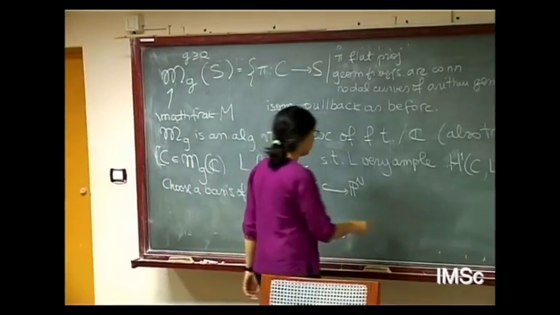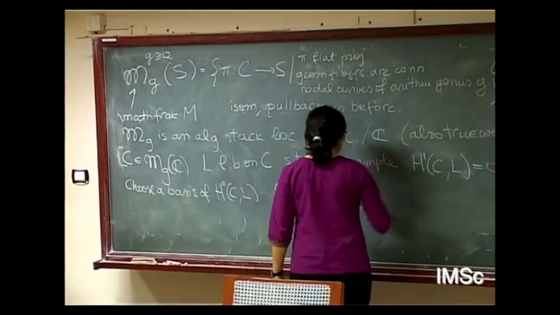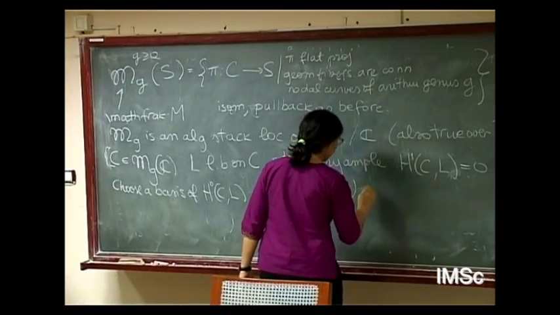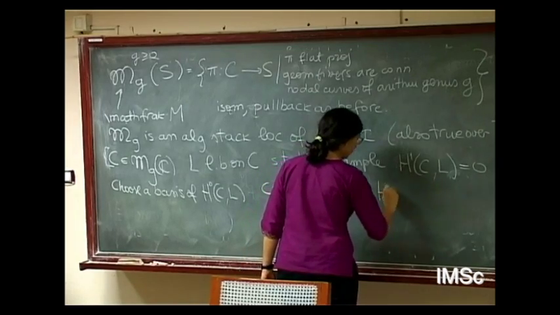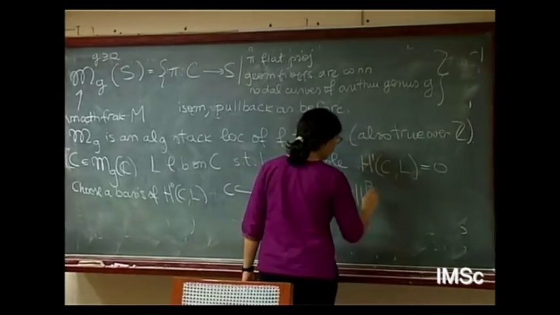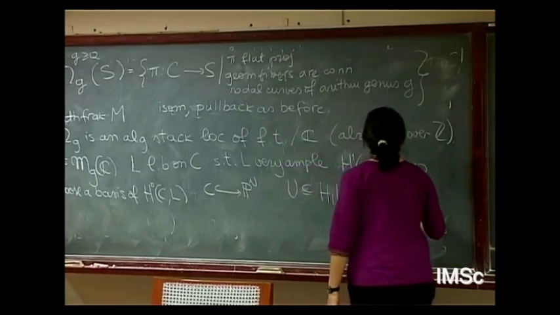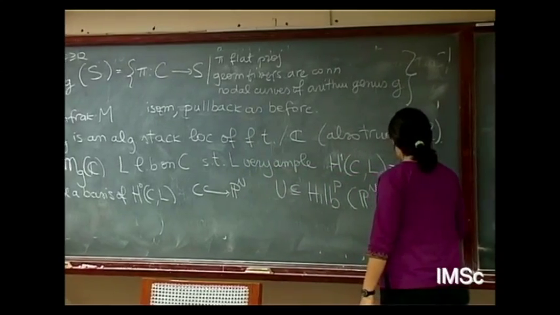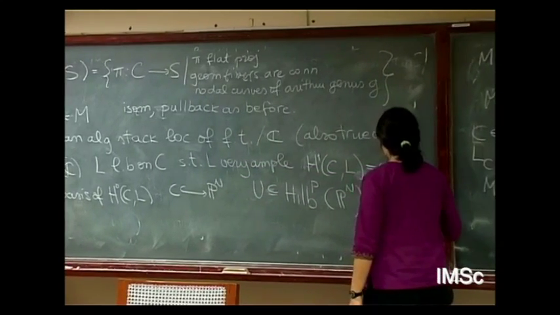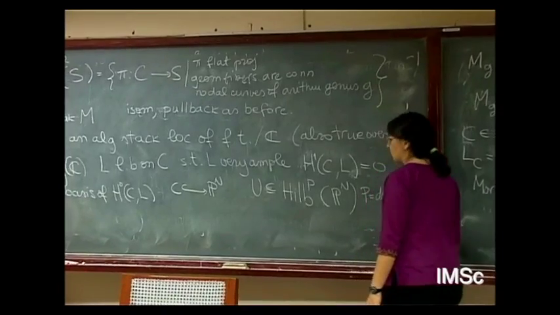And now what I do is I take U inside the Hilbert scheme of P^n, where P is as before, P is deg L times T plus 1 minus g.